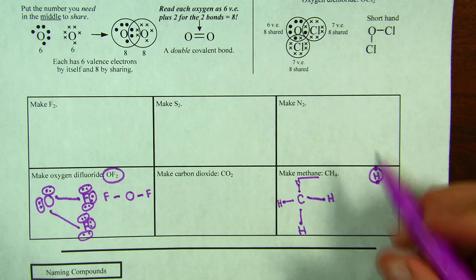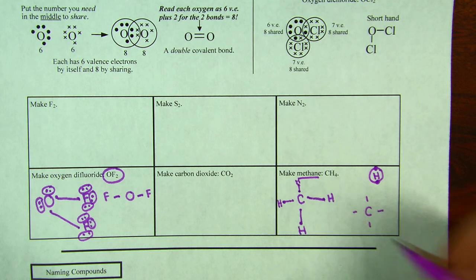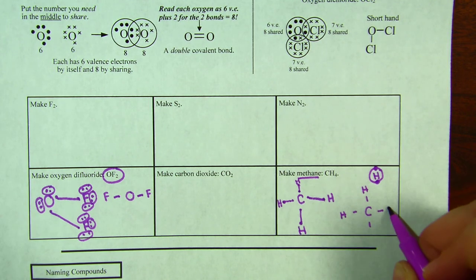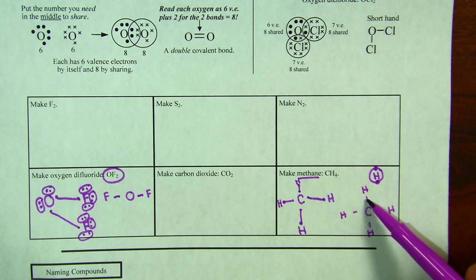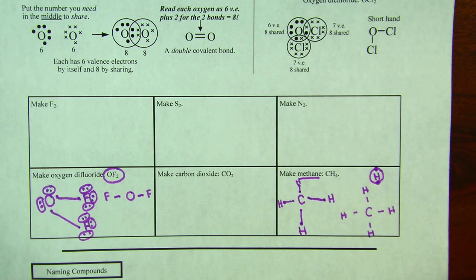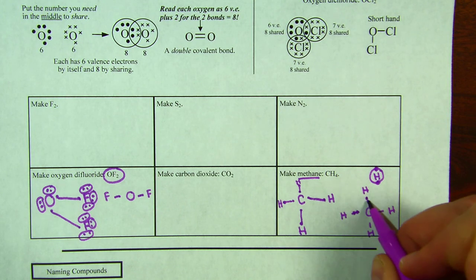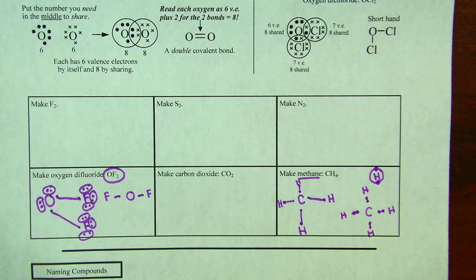So when we clean this up, here's what our structure will look like. Central atom is carbon with hydrogen atoms on all 4 sides. These are 4 single bonds, and each bond is sharing 2 electrons. Those are covalent bonds.